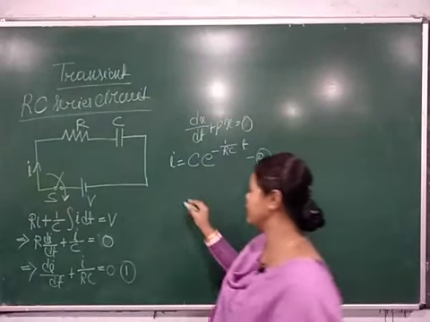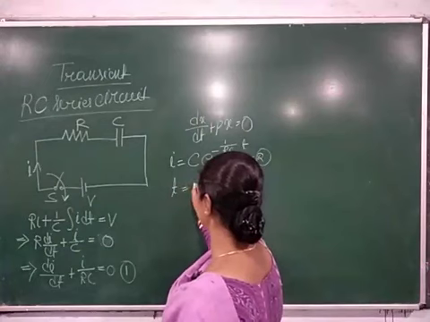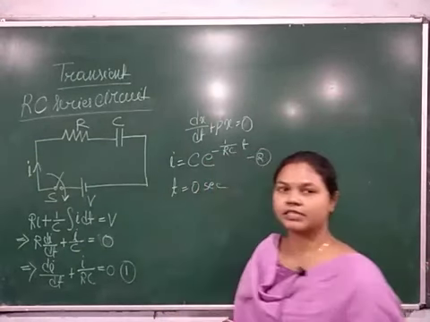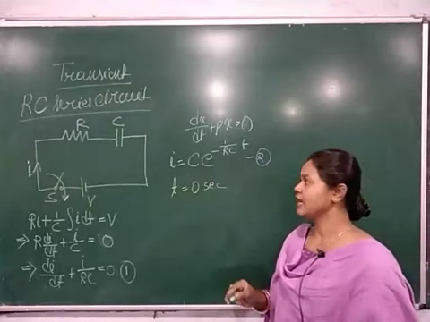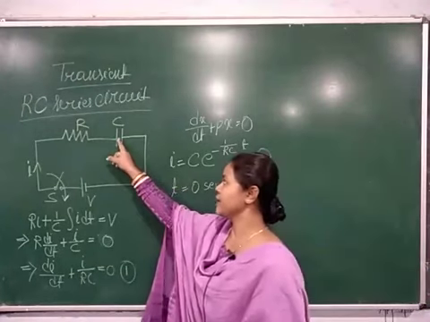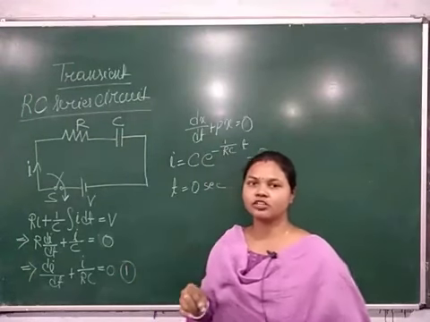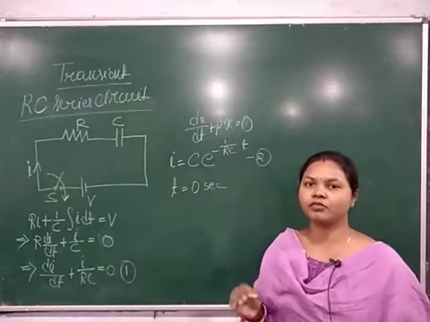The initial condition is, suppose at t equal to 0 second, the switch is closed. Just after switching, as the capacitor doesn't store any charge, it doesn't produce any voltage.